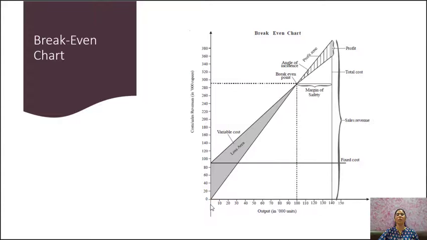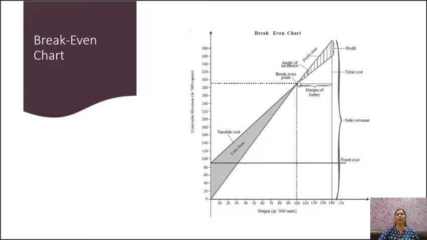So the variable cost starts here and this is the production that takes place. A point below this area is the loss zone, and above this area is where the company can earn profits.